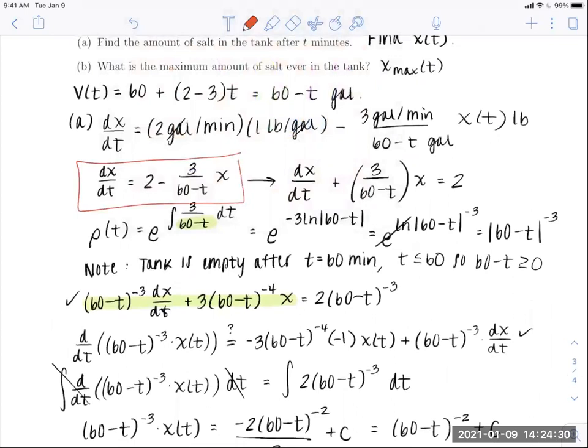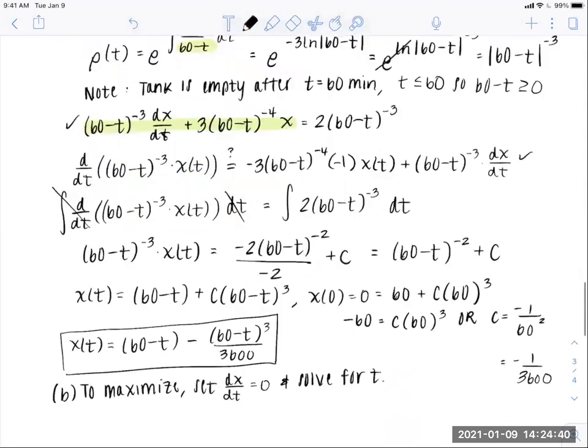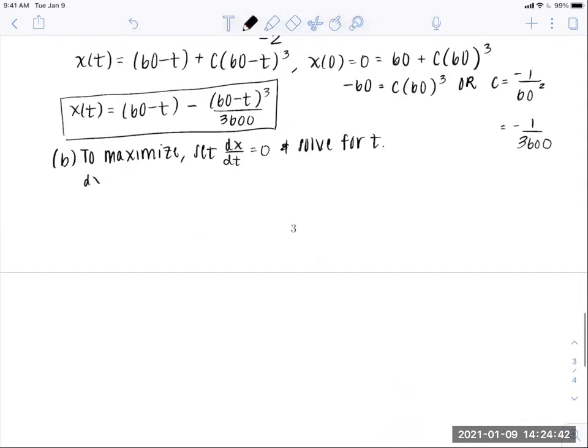And what's interesting now is that I now know what x of t equals. So if I copy this down below, I have dx/dt equals 2 minus 3 over 60 minus t times x of t. And so if I want, I could plug in x of t here.